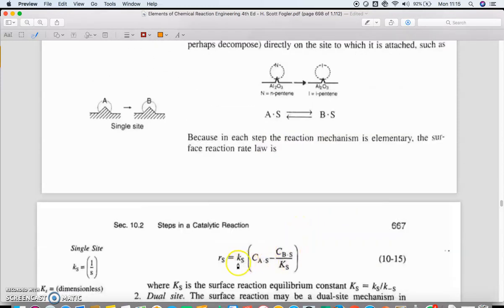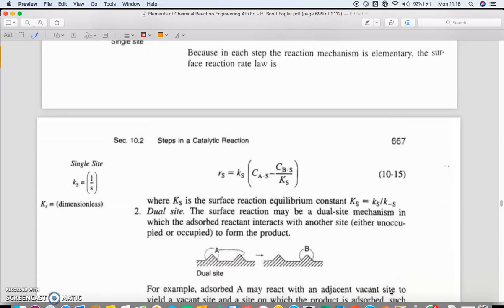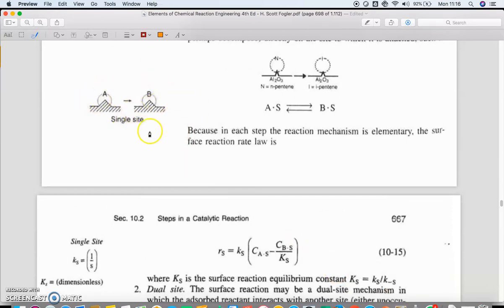So Rs equals Ks, where S stands for surface reaction, times Ca dot S minus Cb dot S over capital Ks, because it can be a reversible process, as in the earlier example. This is similar to the absorption part, where capital Ks is Ks over K minus S. So this is an example of single site.